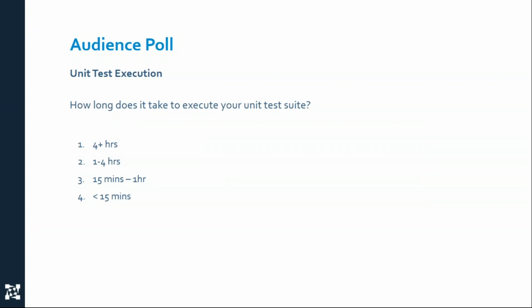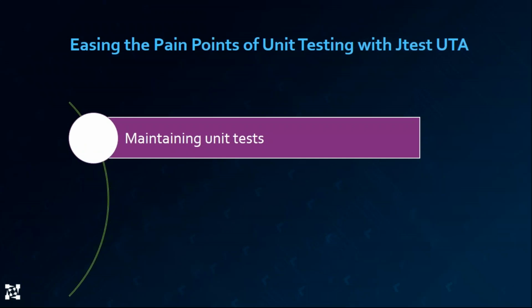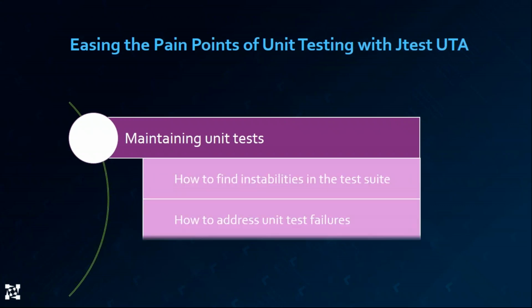Now, as you're working on your test suite and as you're building more and more tests, it becomes a challenge, right? Because you have to maintain them, but you also want to make sure that you're leveraging them correctly as you go through your development process. Let's go ahead and look at some of those things that we can help with.